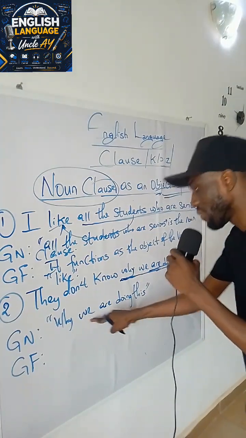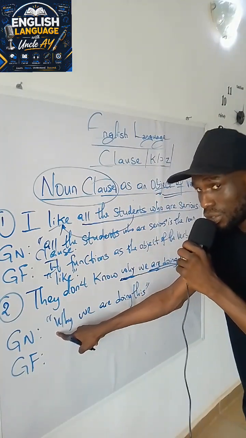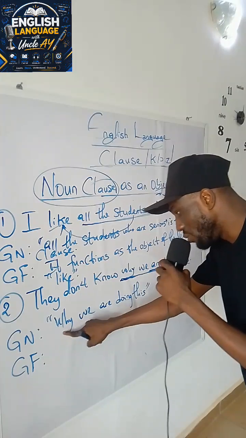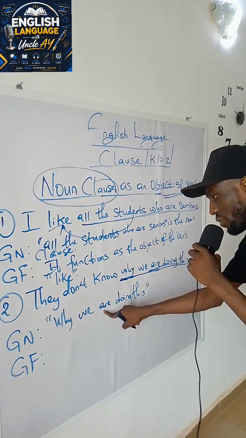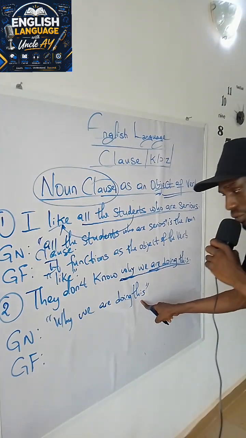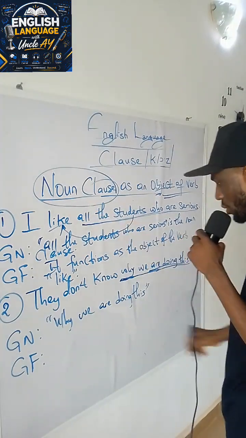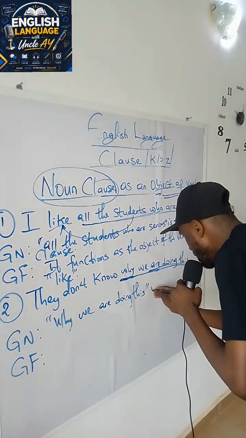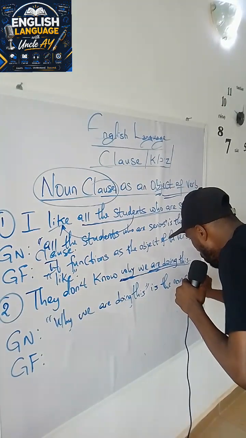So this right here is our main noun in the sentence, and then this here is a subordinating conjunction pointing out the noun. And then when you relate it to the rest of your sentence, including the verb are doing, and then you get to this point, it makes up a noun clause. So that said, why we are doing this is the noun clause.